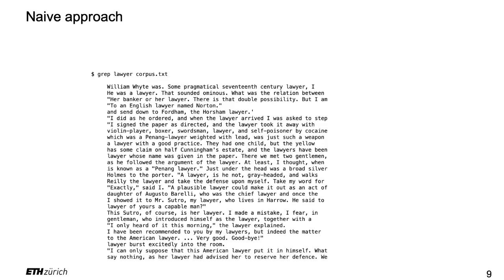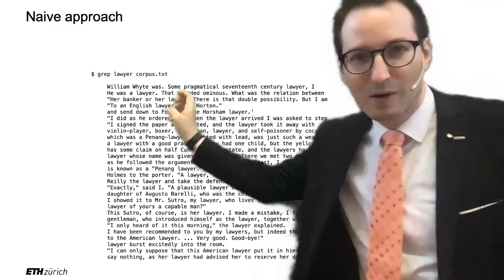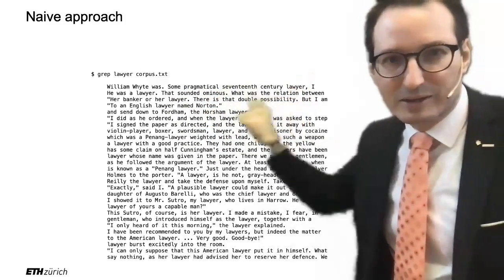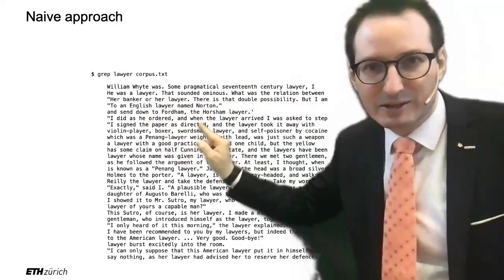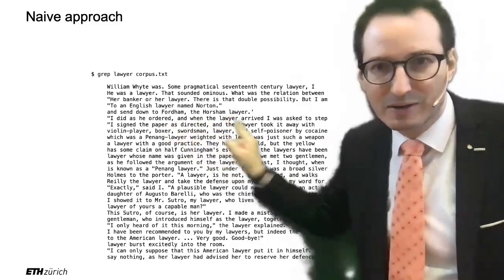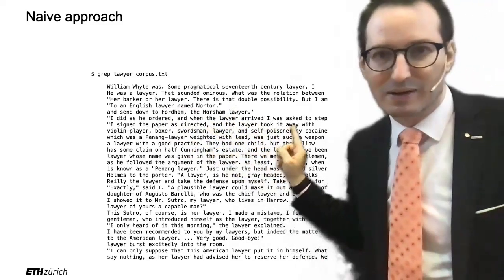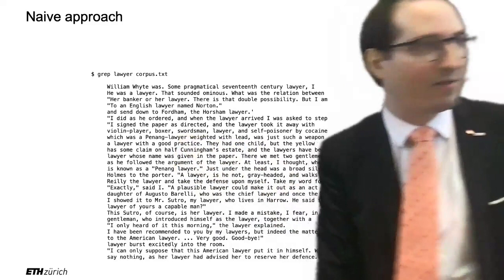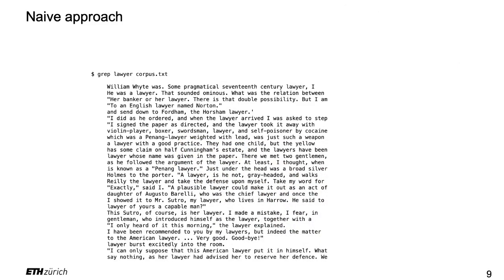And what's amazing is that it runs on your machine. And you see, I actually did it. On every line, you will see that there is the word lawyer. This is what Grep is doing, right? So you will find on every single line the word lawyer.